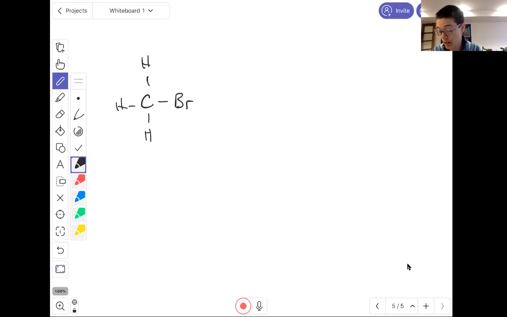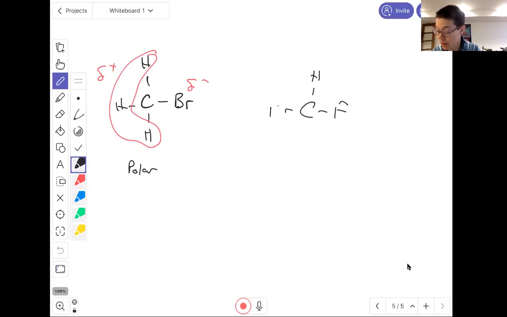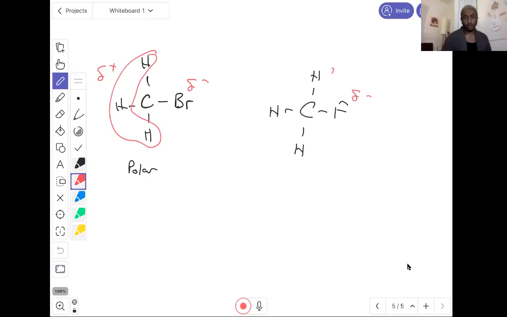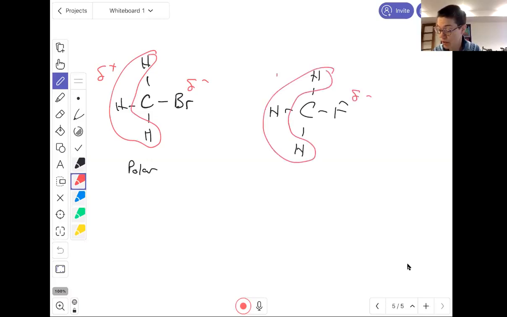That is a polar molecule. And you would get a partial negative here, right? Because that's more electronegative, and all of this over here would have partial positives. But that is also a polar molecule, because this would also be a partial negative, and these would also have partial positives.